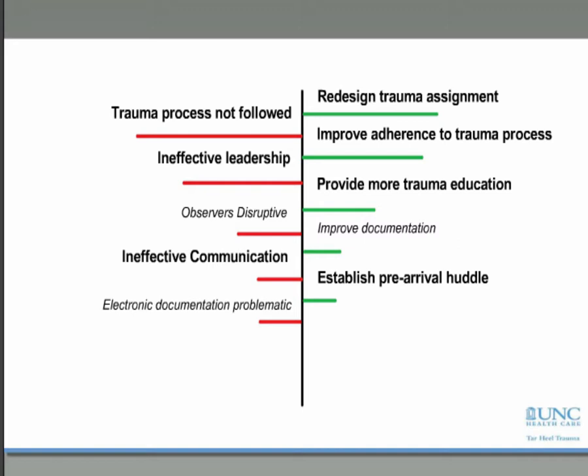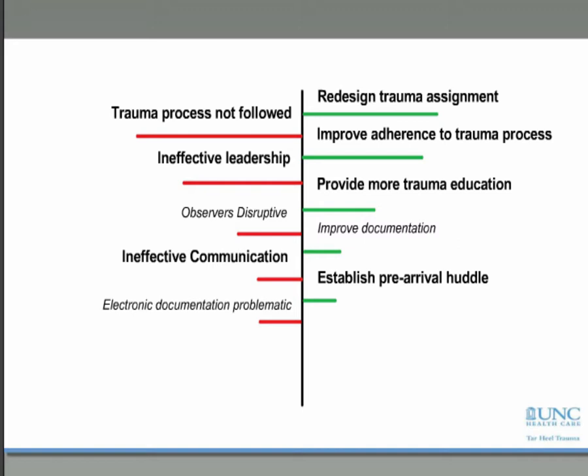You see that the trauma process was not followed, even if there was a process. There was ineffective leadership. Our trauma resuscitation team is essentially an ad hoc crisis team, so we're in a time of crisis, and the leadership was perceived to be ineffective.